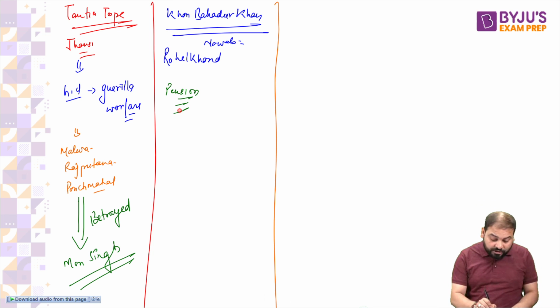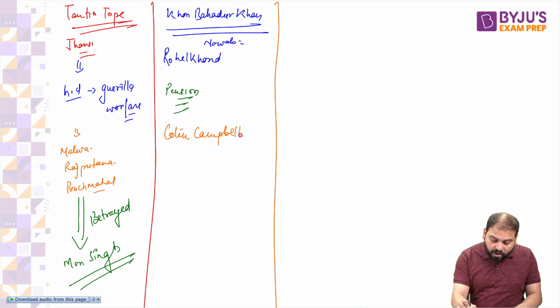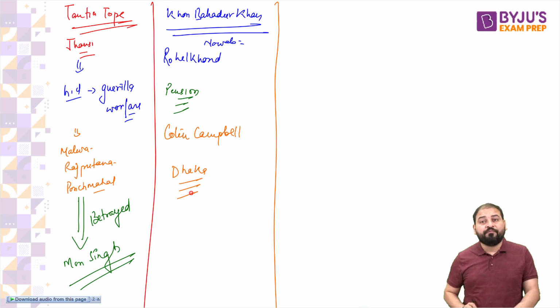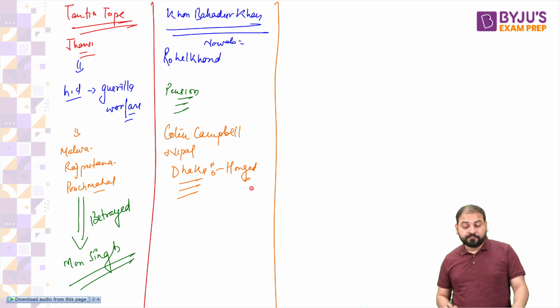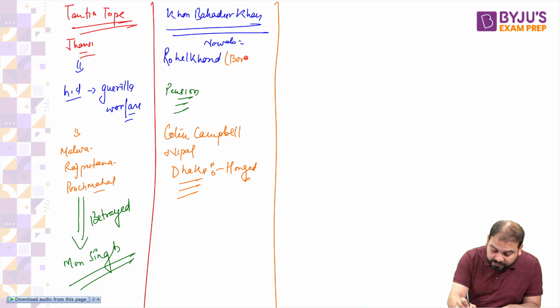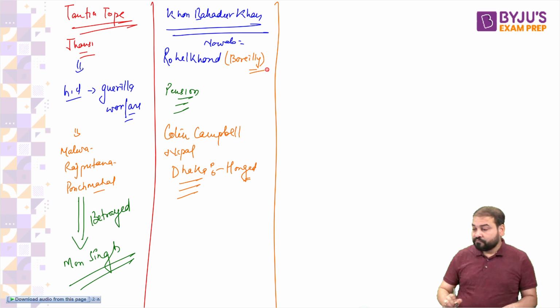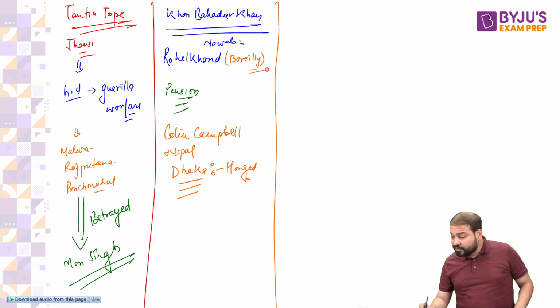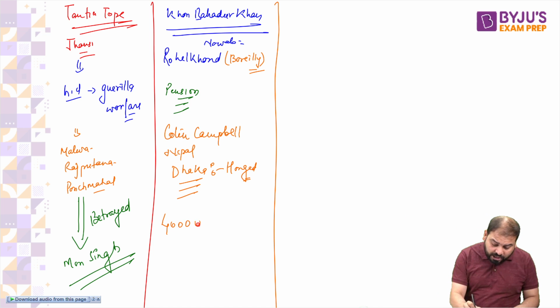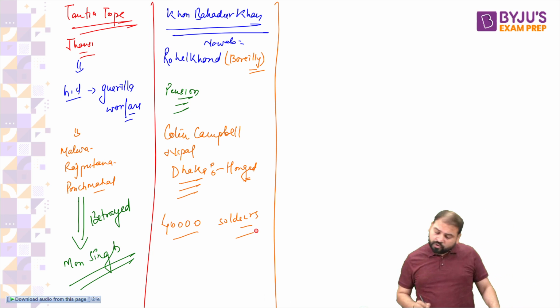He fought with Colin Campbell. Initially, he moved to Nepal, finally was brought to Dhaka, and he was hanged. Guys, I'll write Bareilly very clearly. He was unhappy with the amount of pension that he was getting, and that's why he raised almost 40,000 soldiers.